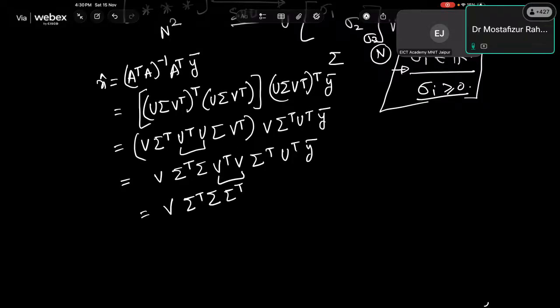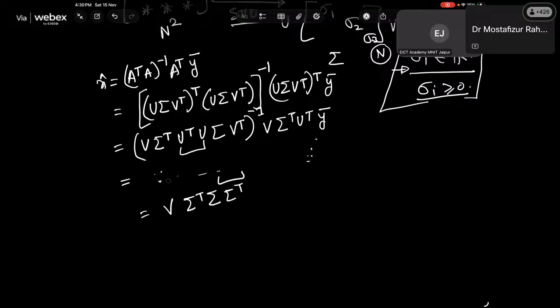So there was one inverse also. I forgot to keep the inverse most likely. So there is one inverse, right? I made some mistakes. So ultimately, you can see this will be reduced.